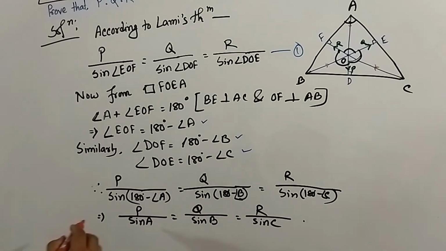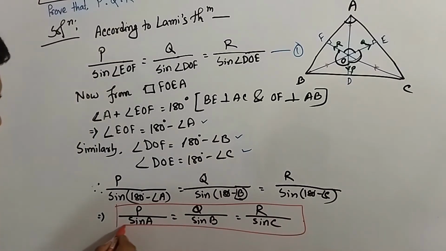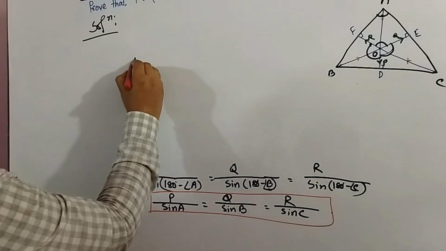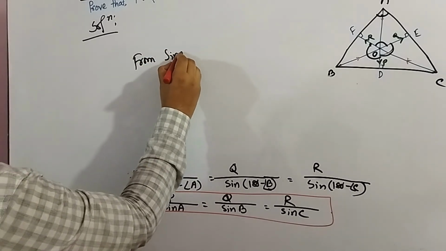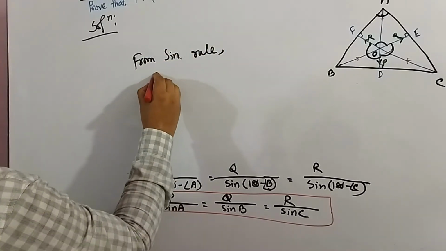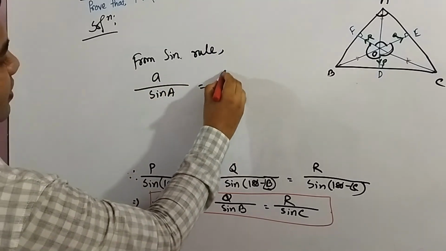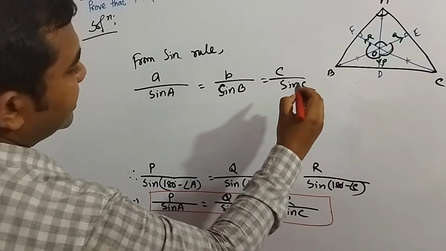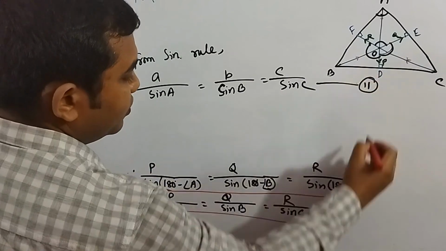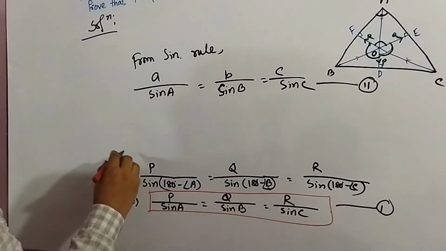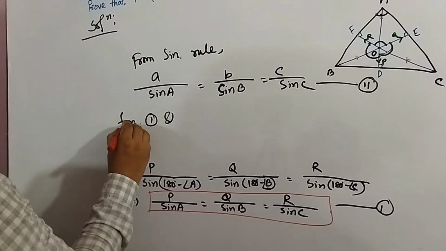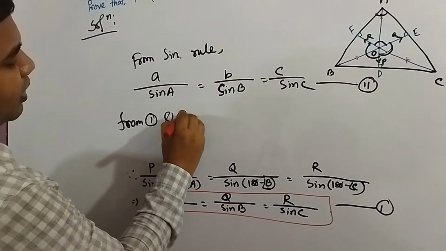So now we have found this last line. Okay, so what is the formula of the sine rule? We know the sine rule is, so we can write from the sine rule: a over sine A, b over sine B, c over sine C. If we call this 2 and this is our 1, then from 1 and 2 what can we write?